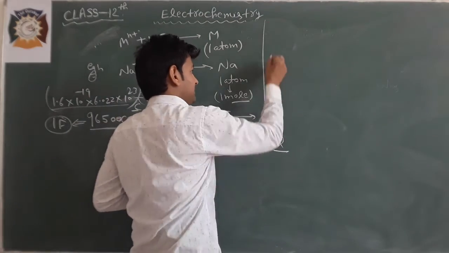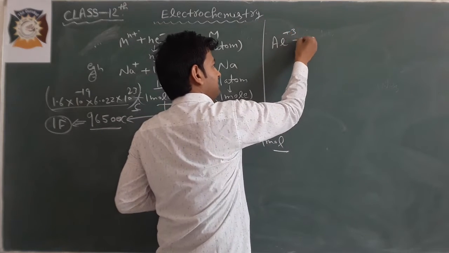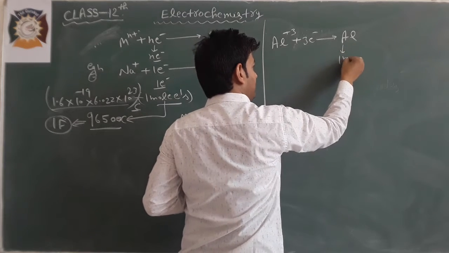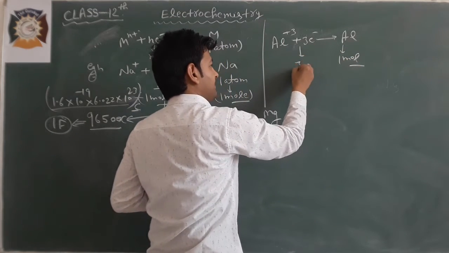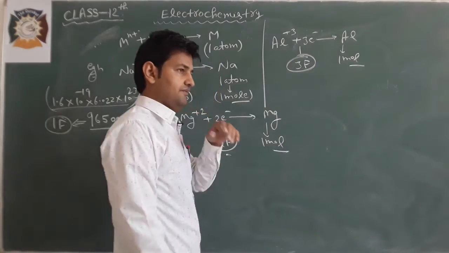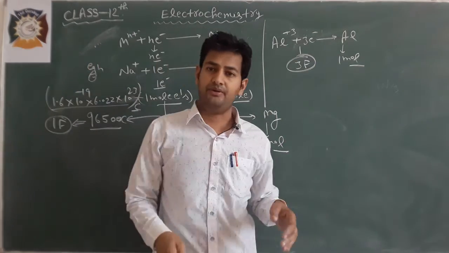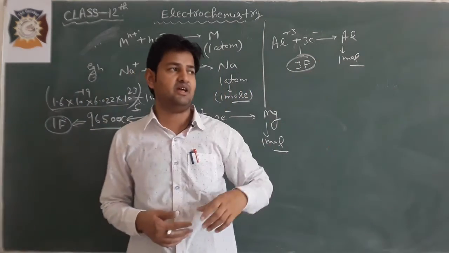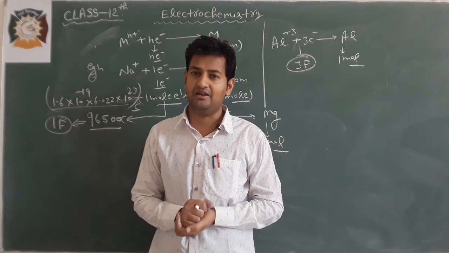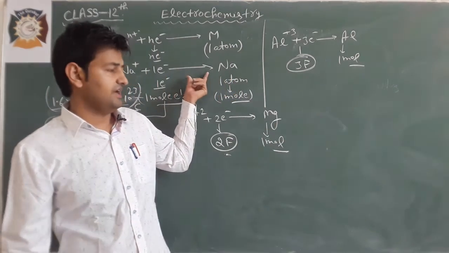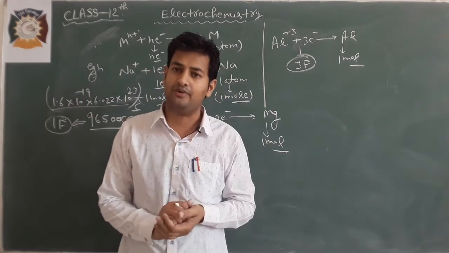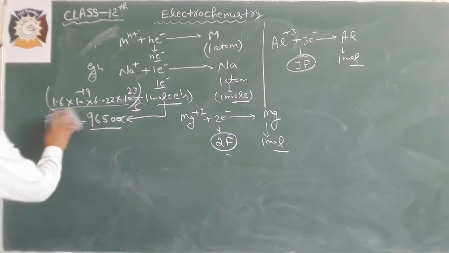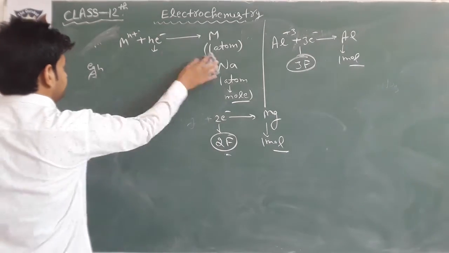Similarly for aluminium, Al plus 3, 3 electrons are required, so 3 Faraday of electricity are required. So simply we can say that if n electrons are involved in the reduction or deposition of one atom of an element, then n Faraday of electricity is required for the deposition. There are some questions related to it.